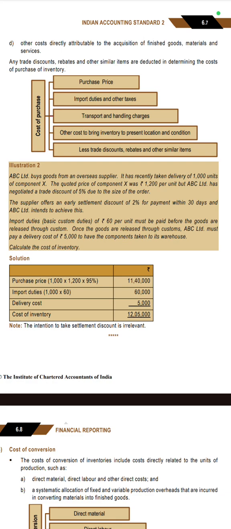The supplier offered an early settlement discount of 2% for payment within 30 days, and ABC Limited intends to achieve this. Here the 2% discount is irrelevant to the question, while the trade discount is relevant. So the purchase price would be 10,000 units into 1200 into 95%, that is 1,14,00,000.